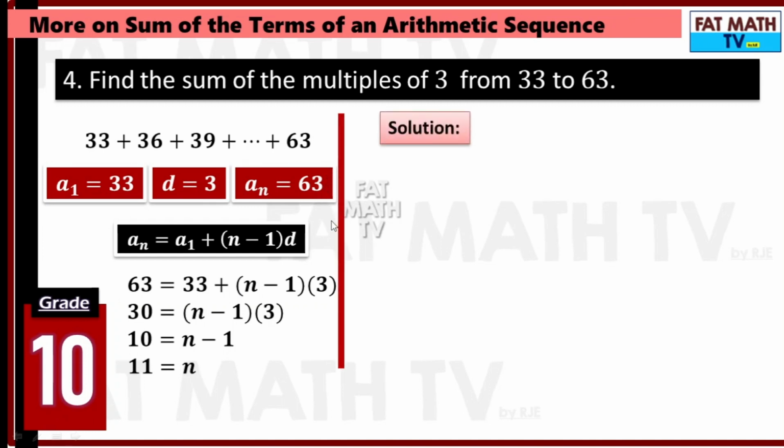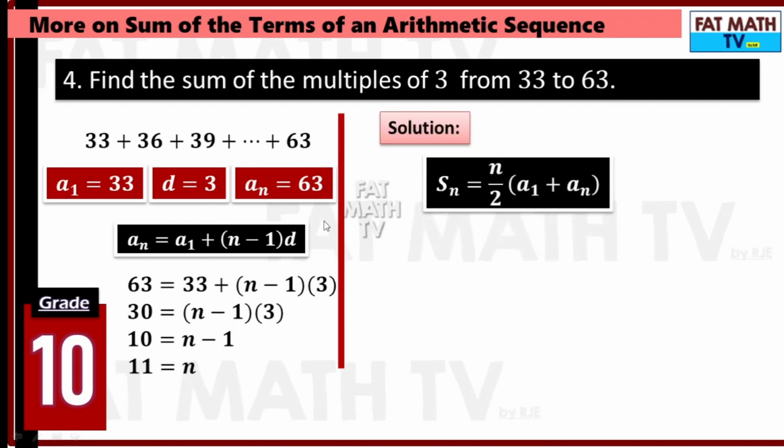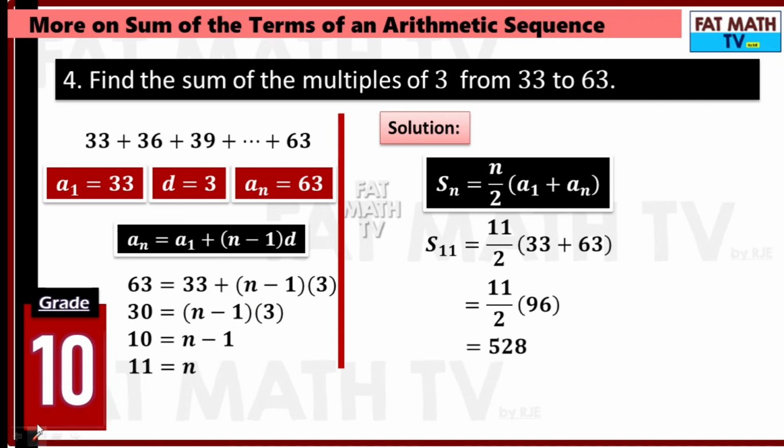So let us now use the other formula for the sum. S sub n equals n over 2 times a sub 1 plus a sub n. N is 11, so you will have 11 over 2. A sub 1 is 33, and a sub n is 63. 33 plus 63 is 96. And then you can divide or cancel here 2. Divide this by 2. This is 1. Divide this by 2.